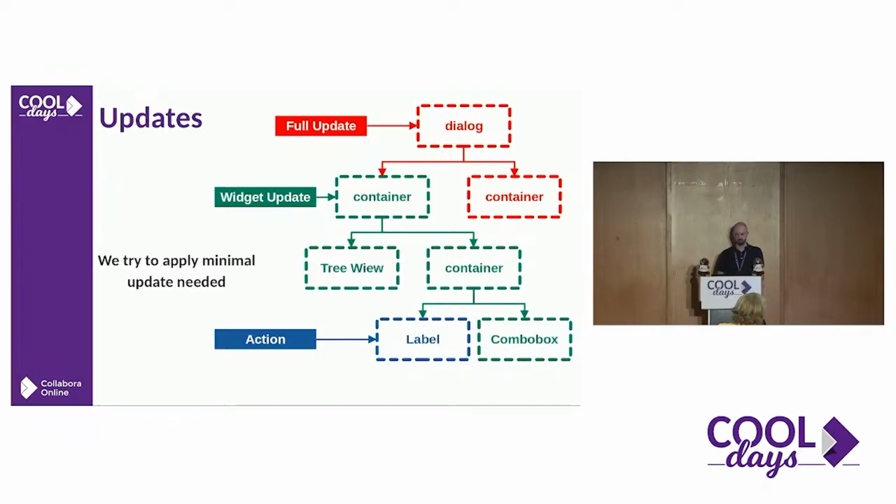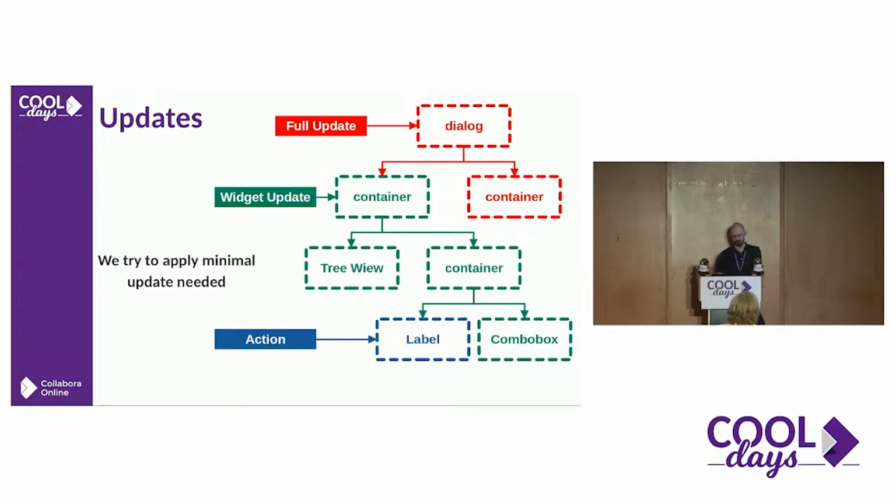So of course it would be not good to send all the content on every change. So we use that full updates only once when we create the dialog, but later we try to optimize the bandwidth. So we use the minimal description of the change we can use.